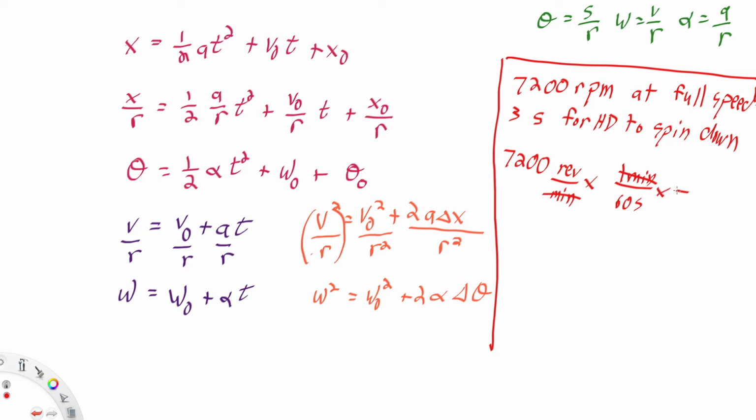And also, there are 2 pi radians in 1 revolution. So we have 240 pi radians per second. Okay, and this is our initial speed.